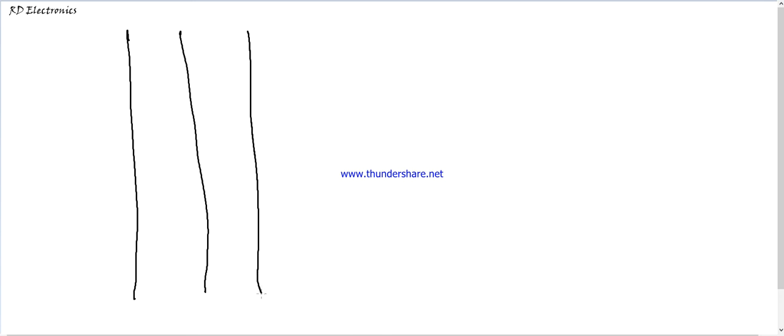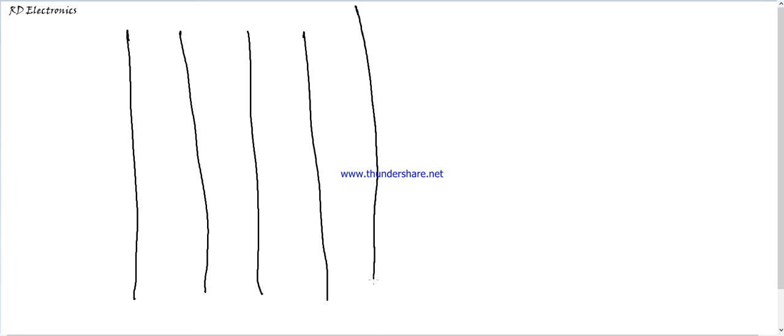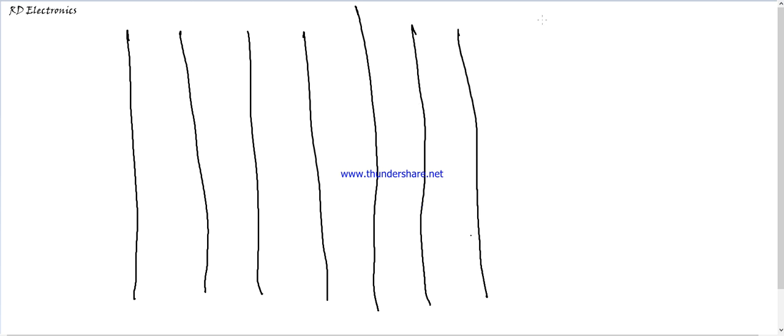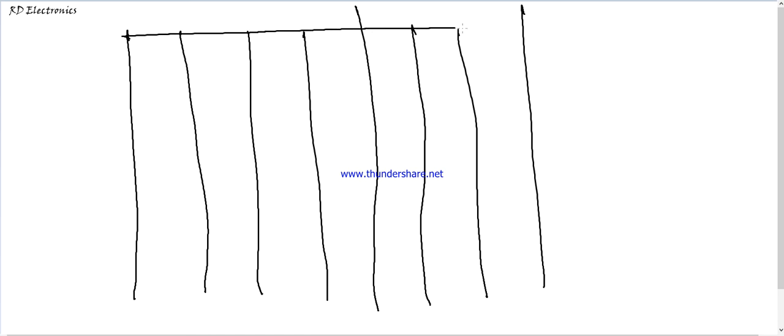Okay, so in the opcode fetch machine cycle 4 T states are required, and in the memory read 3 T states are required. So this is our first machine cycle. This is M1, which is known as opcode fetch, and this is M2, which is also known as memory read operation.